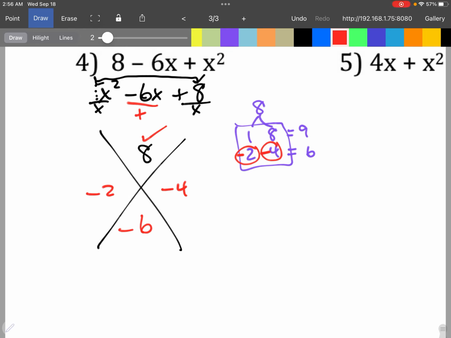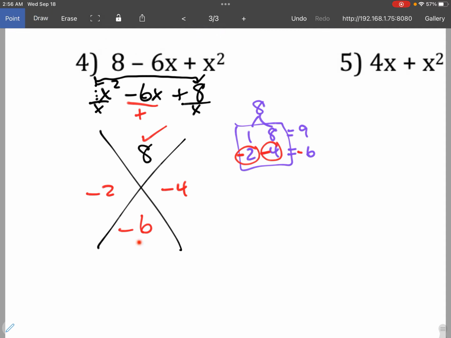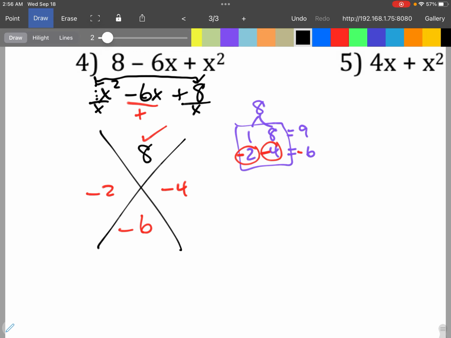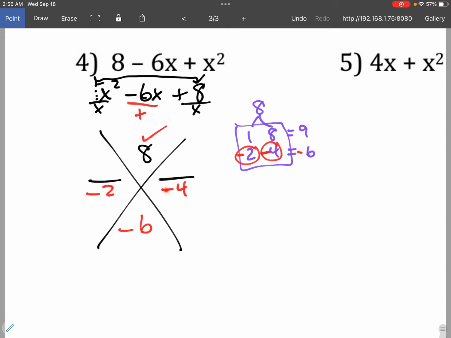But a negative plus a negative is a negative. It's the only way you can add to a negative number and multiply to a positive number. You gotta have two negative numbers. Again, a negative times a negative is a positive.